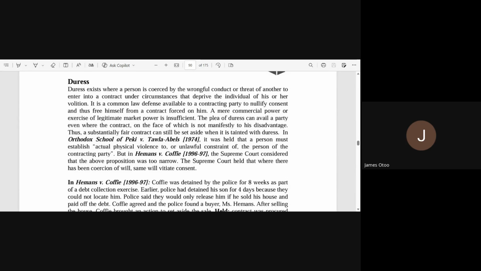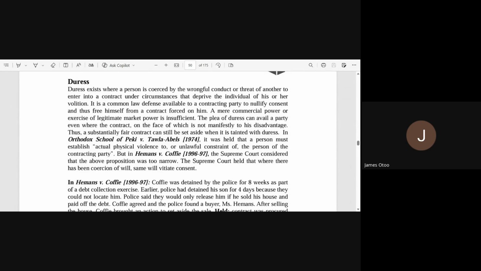You are required to establish that there was actual physical violence or unlawful constraint on the person of the contracting party. So yes, you were threatened. In Human v. Kofi, the court held that there must be coercion of will. You have to be forced.